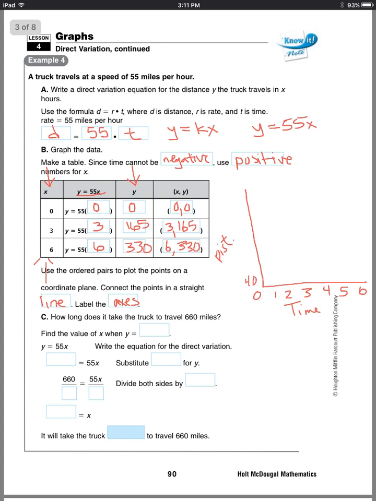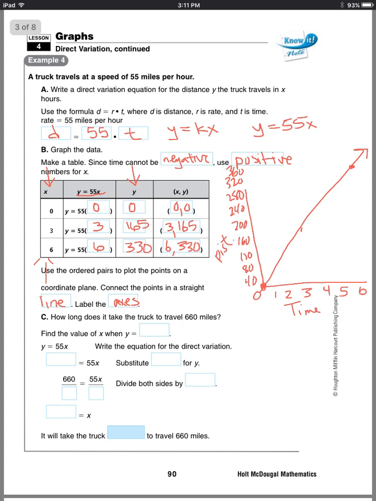Let's go 40, 80, 120, 160, 200, 240, 280, 320, and 360. Okay? So we had our 0, 0 for the first one. 3, 165. So 3 is our x, so we go over to 3 and then up to about 165, somewhere in there. But then we have x is 6, y is 330. So we go over to 6 and then up to 330, and we connect with a straight line.